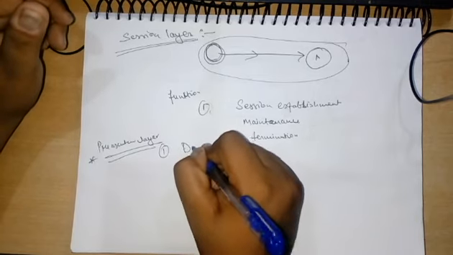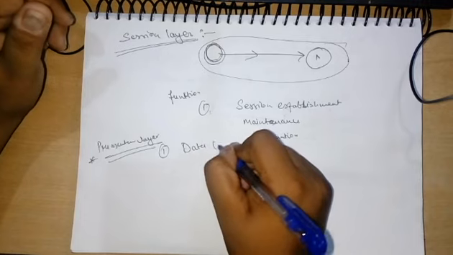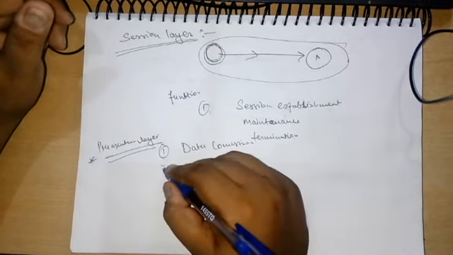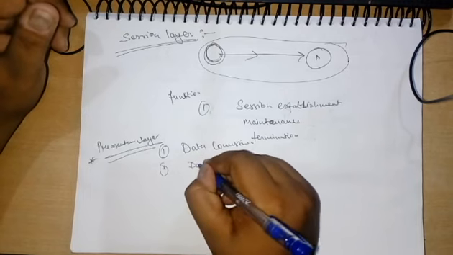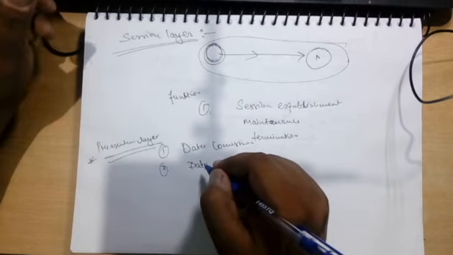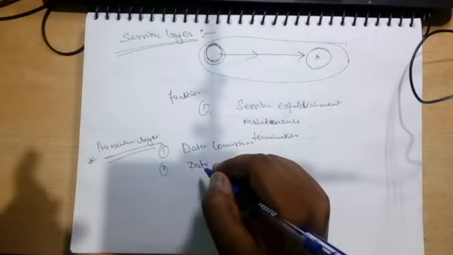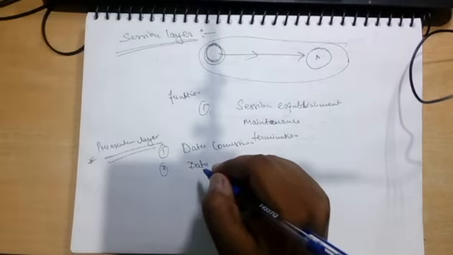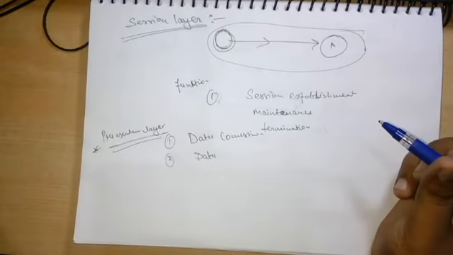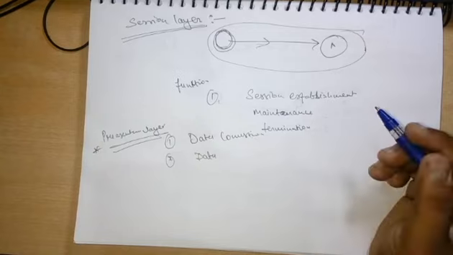First, data conversion. Data compression. So the presentation layer.